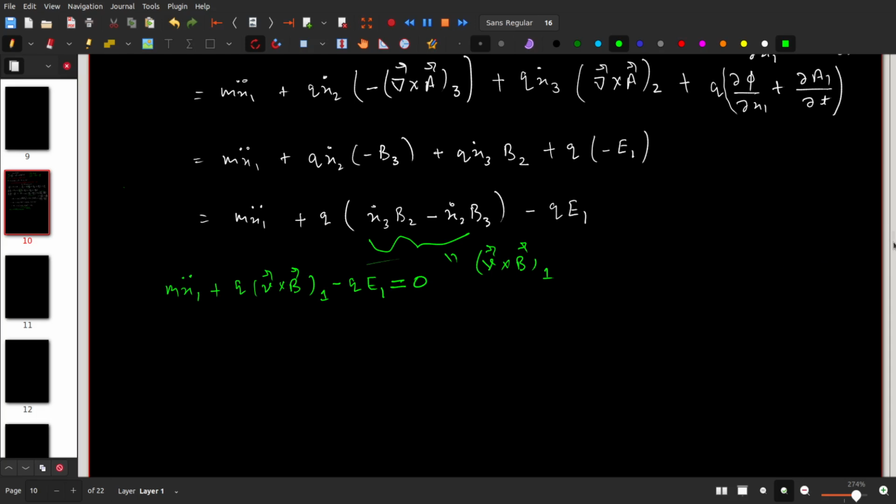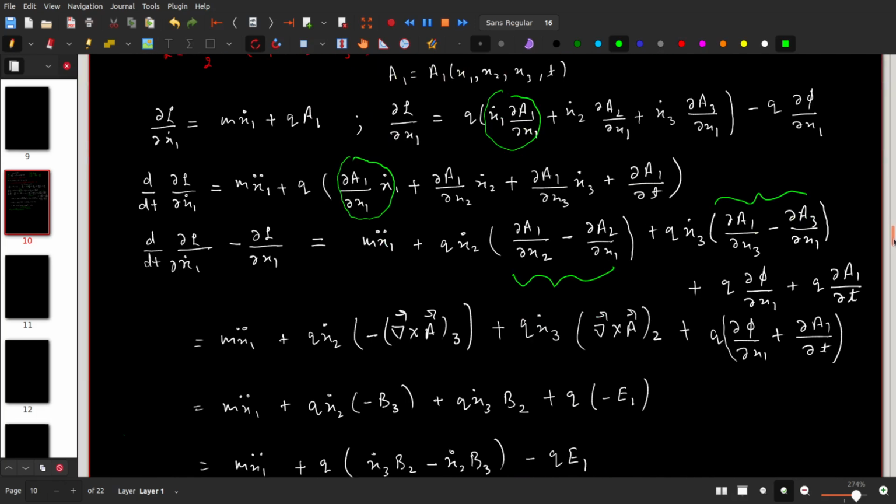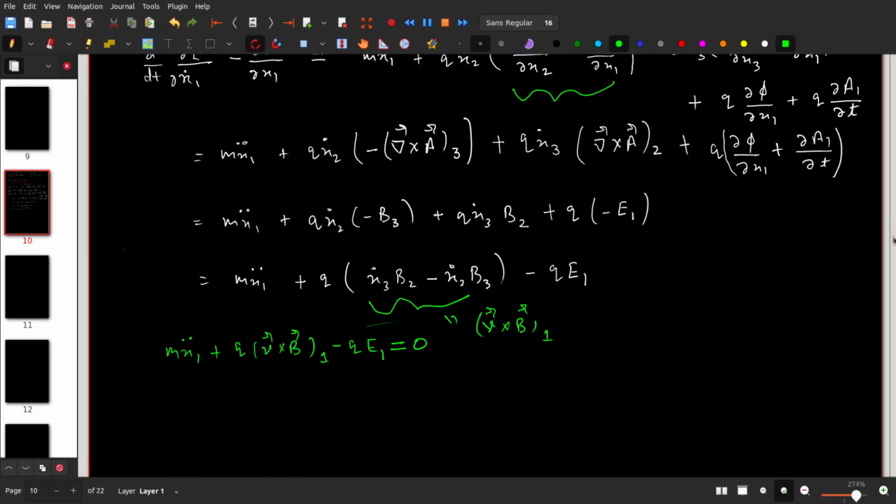Why we are getting a sign is this v cross b first component.